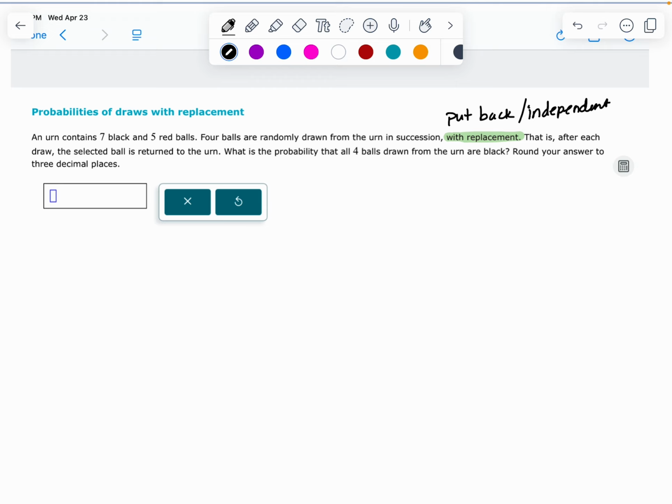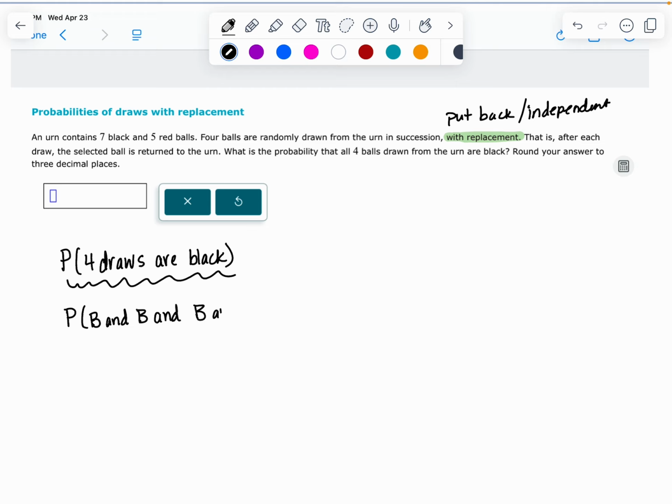What is the probability that all 4 balls drawn from the urn are black? So, what is the probability that 4 draws are black? Okay, and this is a really poor way to write this. What we'd usually write is, what is the probability that you draw black, and then black, and then black, and then black?